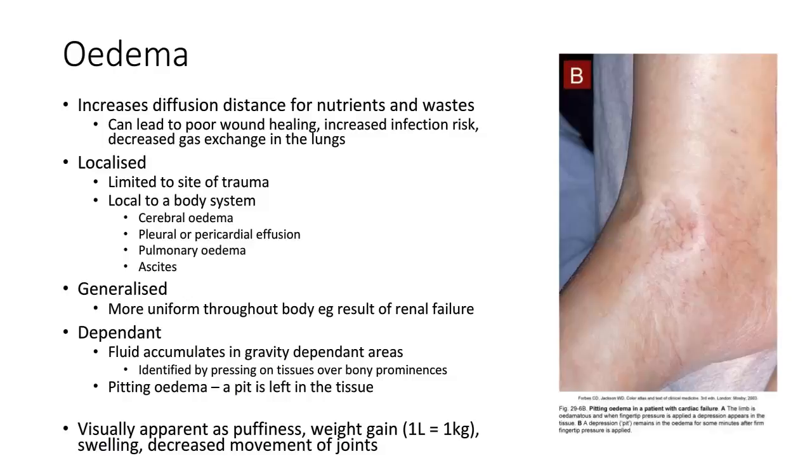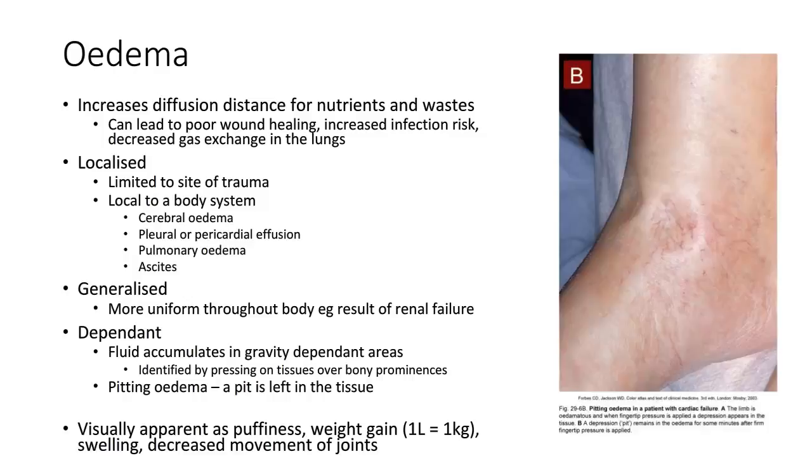And that increases the risk for poor wound healing, for infection, and if it's occurring in the lungs, such as in pulmonary edema, then it increases the distance for gas exchange, which means that it's much harder to get CO2 out and O2 in to the blood, which is problematic. It'll cause shortness of breath and problems with breathing rates.